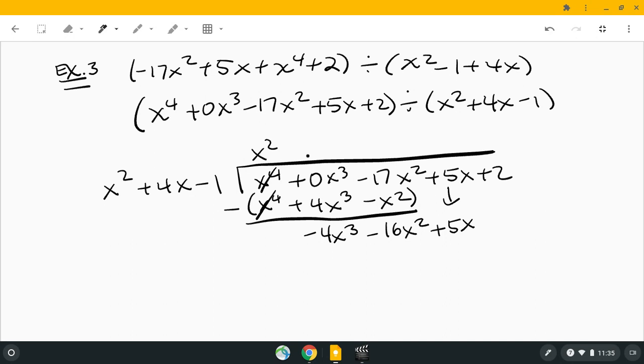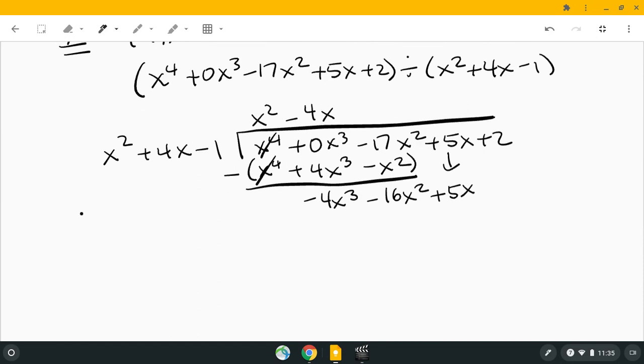x squared times what? And that would be x squared times negative 4x. Okay, so distribute this, negative 4x times all three of these. So I'm going to get negative 4x cubed. And then over here, negative 4x times this is negative 16x squared.